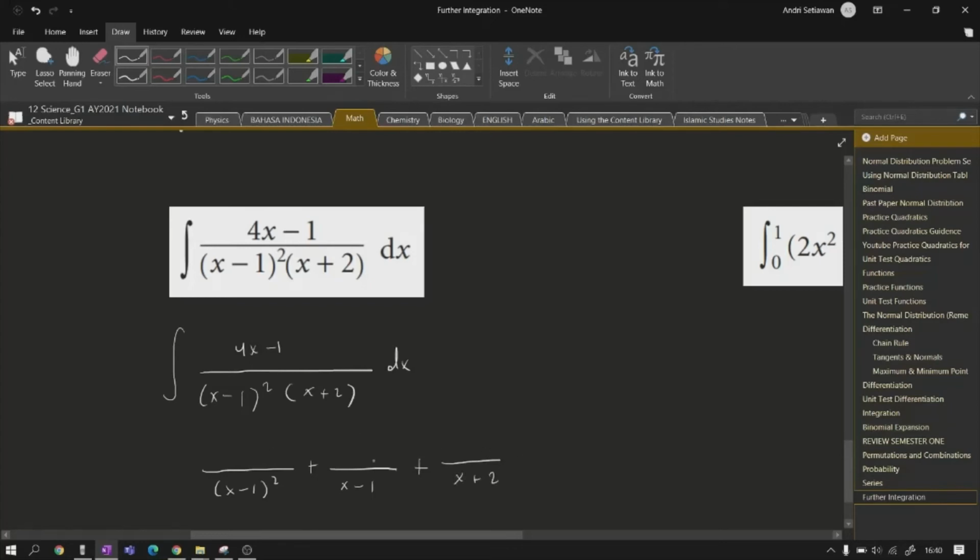Is there any question? I think no. So x minus 1 to the power 2 can be factorized into itself and x minus 1. So this is a, b, and c over these, dx.